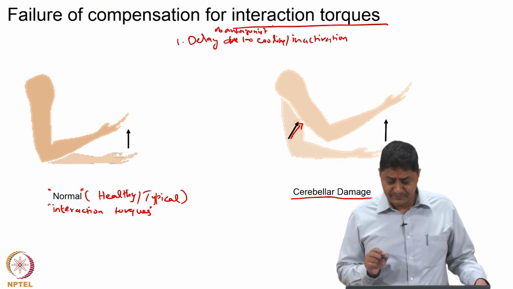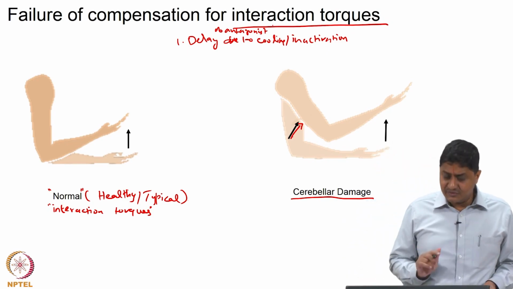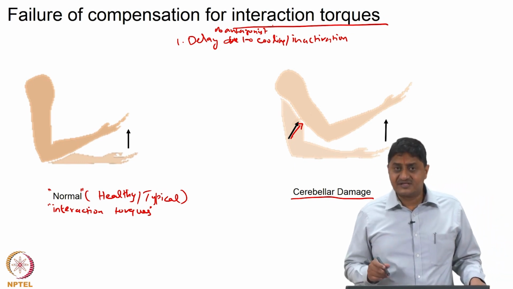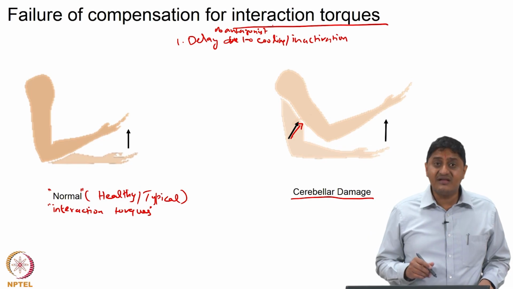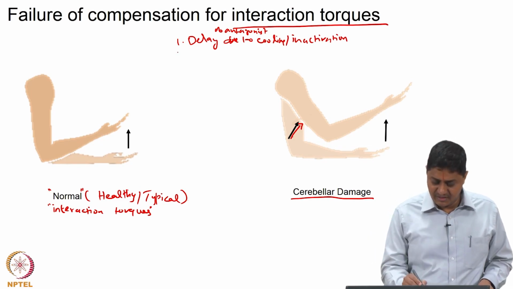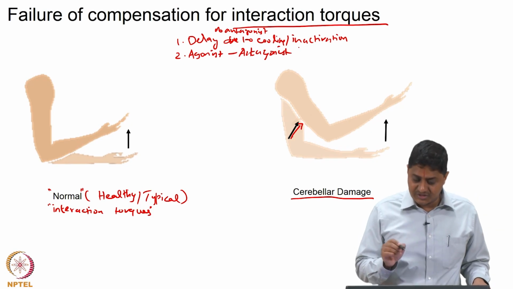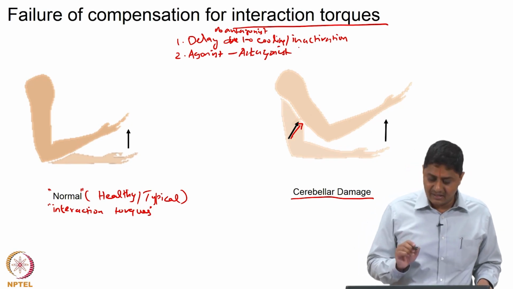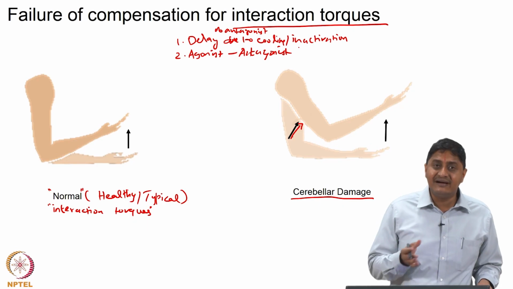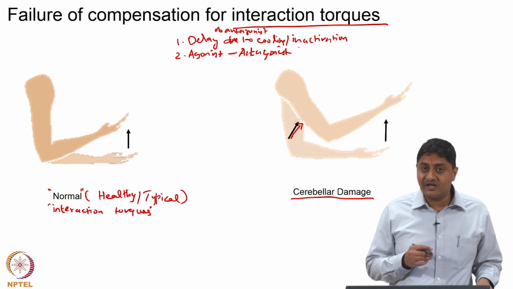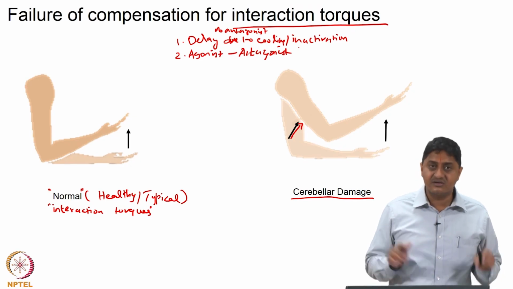We know that in healthy individuals, to perform fast reaching actions, we discussed early on that there is going to be a triphasic EMG pattern. That means agonist movements followed by antagonist movements. For you to come to a smooth stop, the antagonist activity must start relatively early in the movement, so that you are able to stop at the point where you want to stop, in a smooth manner.